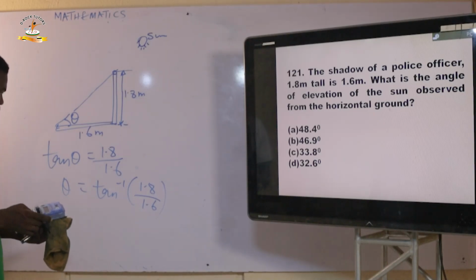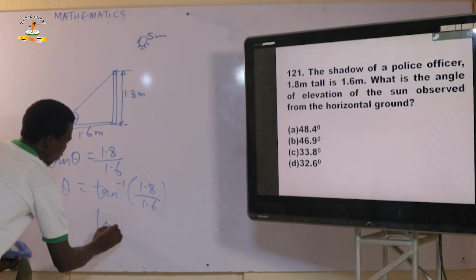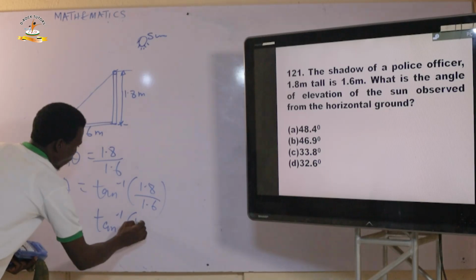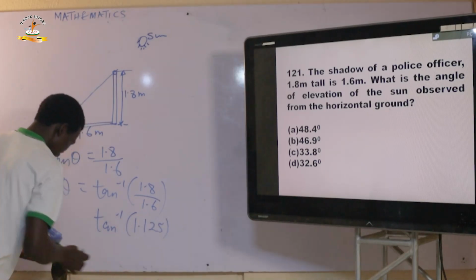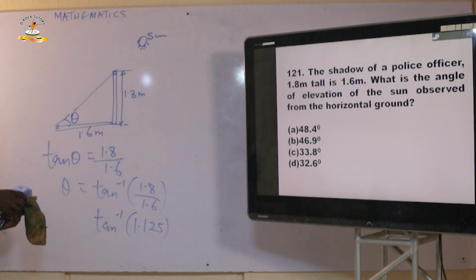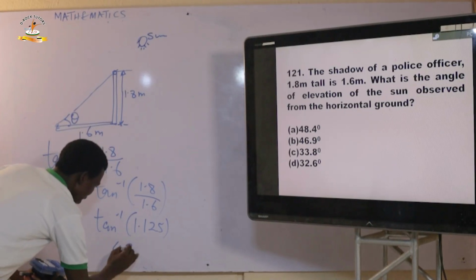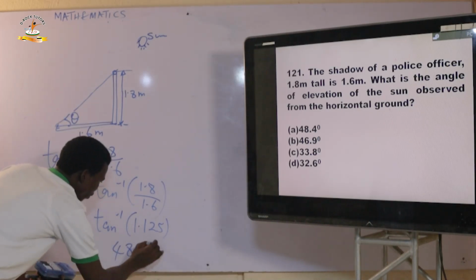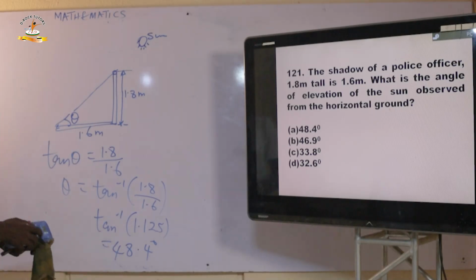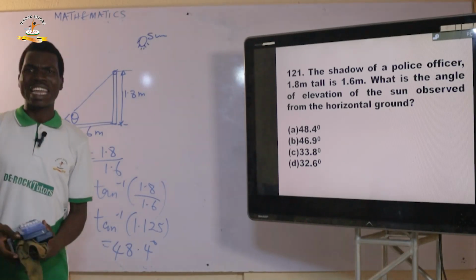Then tan inverse of 1.125 is simply to press shift tan, and this is 48.4 degrees. That is the approximation, and that is option A.